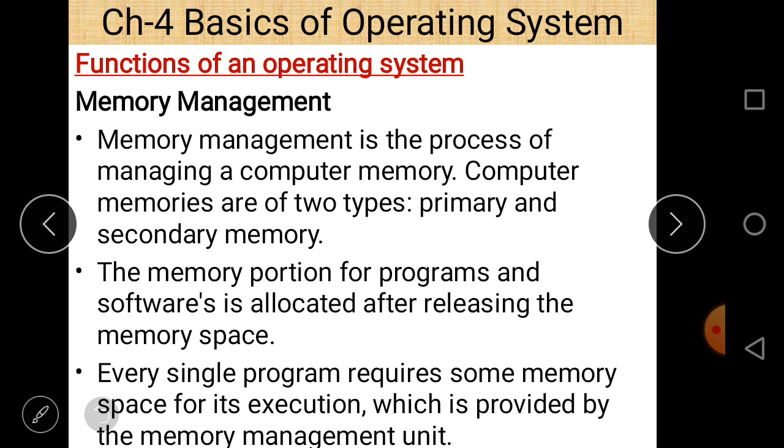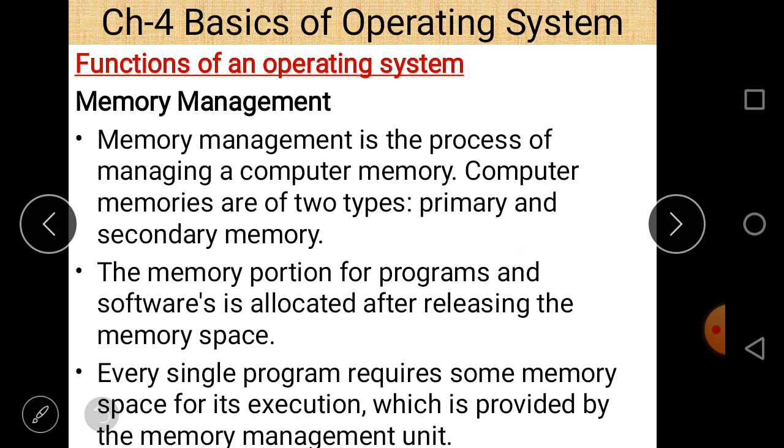Next is memory management. Let us consider all of these functions in detail. First of all, memory management. Memory management is the process of managing a computer memory. As we know, computer memories are of two types: the primary memory and the secondary memory.